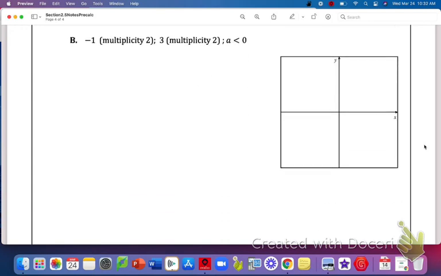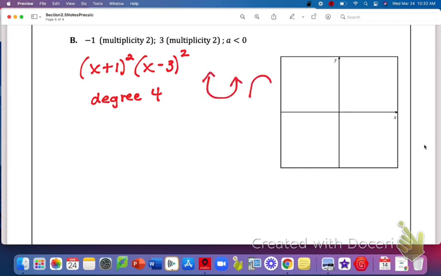So we have a zero at negative 1 with a multiplicity of 2. So x plus 1 squared, x minus 3 for the 3, with a multiplicity of 2. So my degree is 4. That means our behavior is either going to be up and up or down and down. Since my a is negative, it's going to be down and down, right?